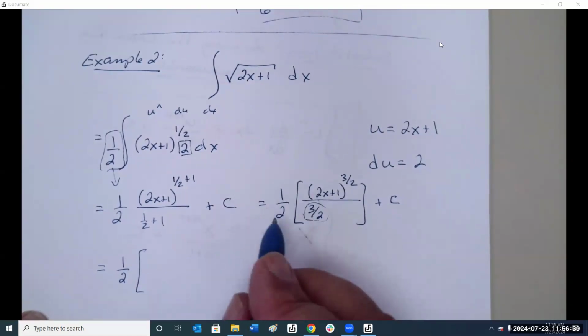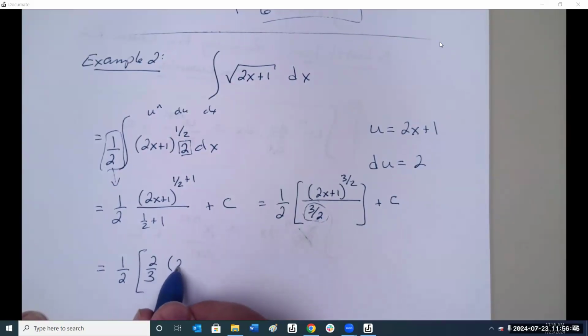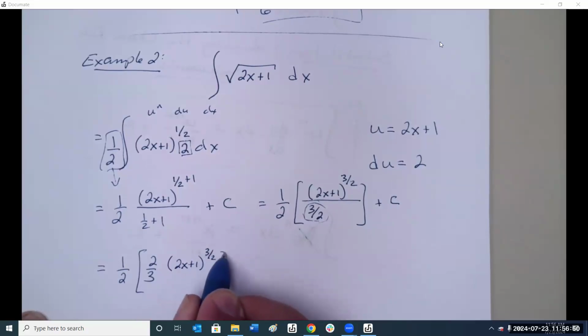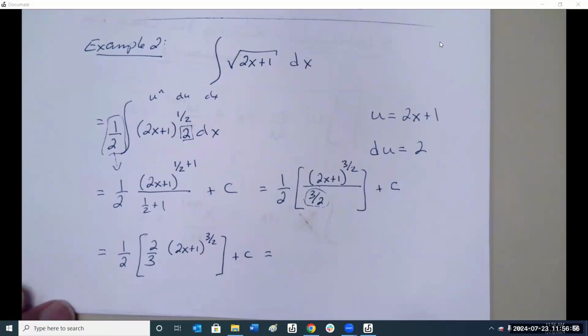If it's on the bottom, you have to reciprocate it, and it comes out in front. 2x plus 1 to the power 3/2 plus c. The 2's cancel.